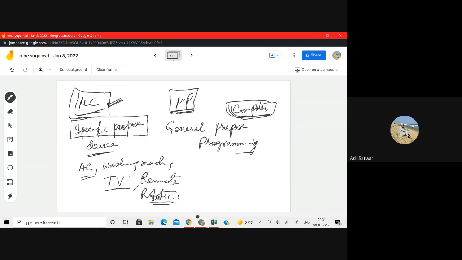Just think of the various things that you can do in a computer: internet, games, and multiple applications and whatnot. So I hope you appreciate the difference between these two devices, the microprocessor and the microcontroller, and their applications.